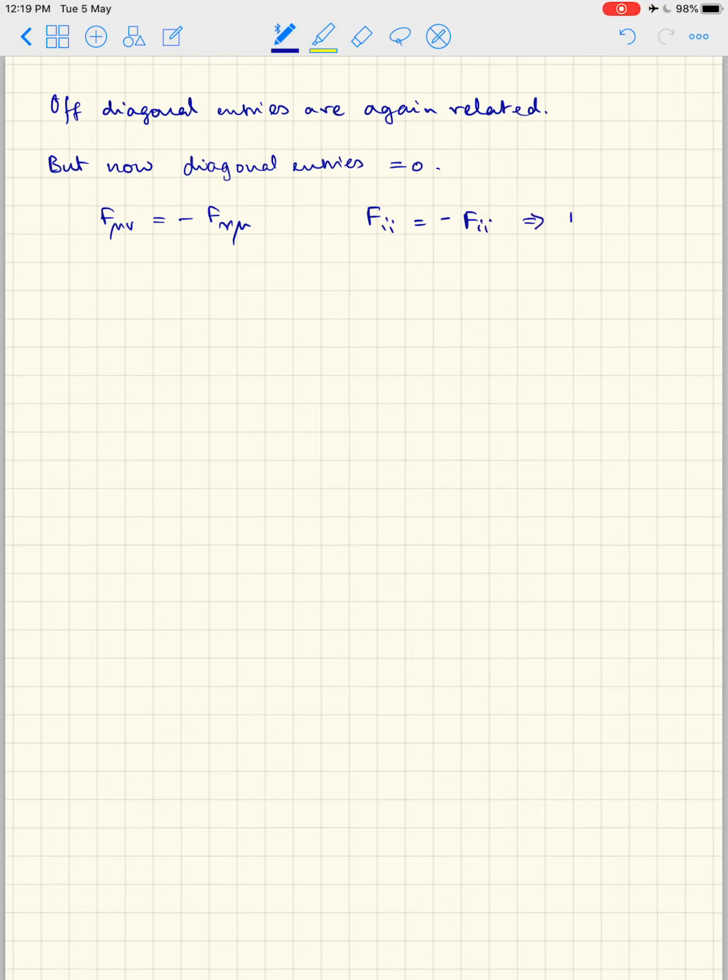So that would just mean Fii is equal to 0. So F11 is equal to 0, F22 equal to 0, and so on. So F mu nu antisymmetric does the job. It has 6 independent entries.